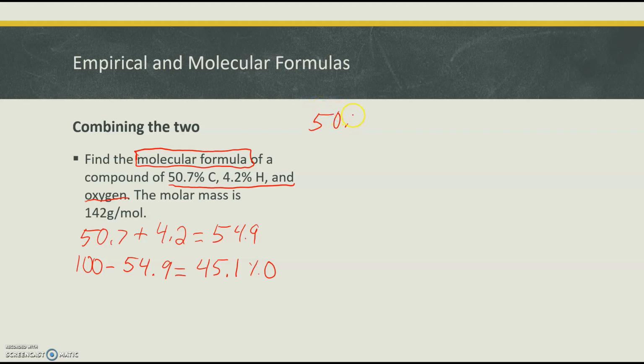Starting with carbon, we divide this by the molar mass of carbon. Remember, you can find this amount on your periodic table. And molar mass is grams per 1 mole.